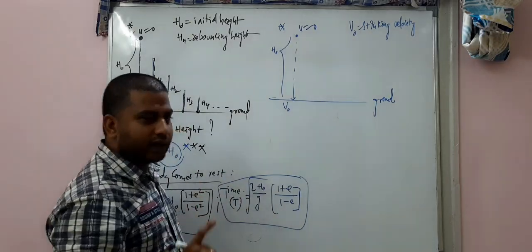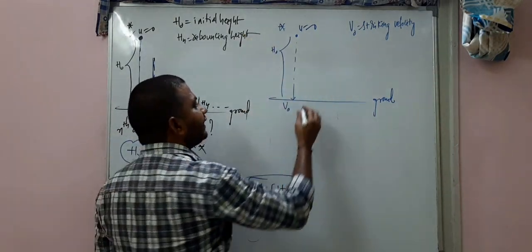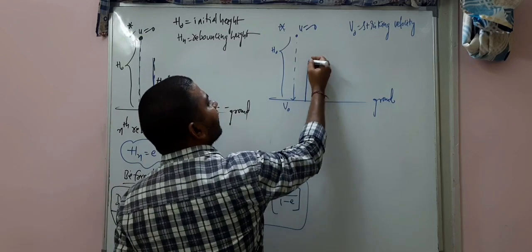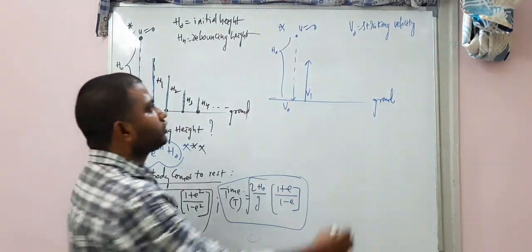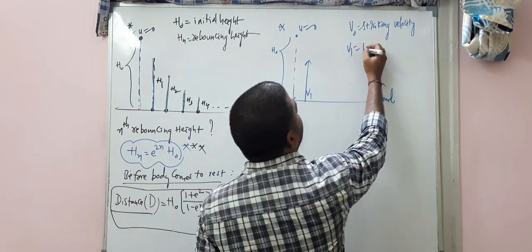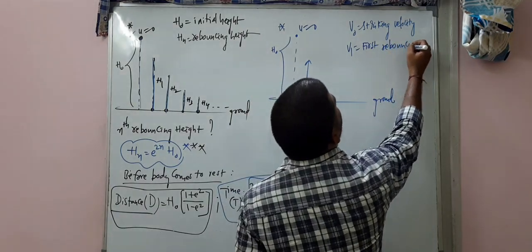Now observe. This will rebound with some velocity, and that rebounding velocity is called v1. Observe. So v1 is the first rebounding velocity.